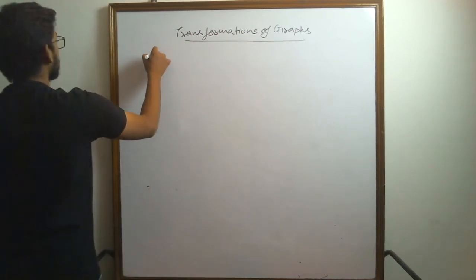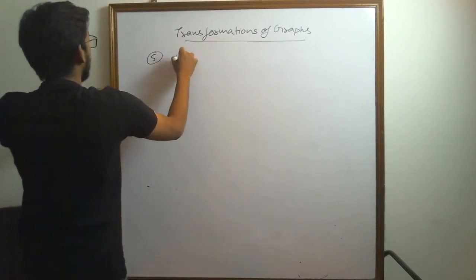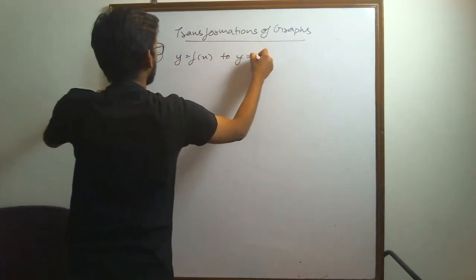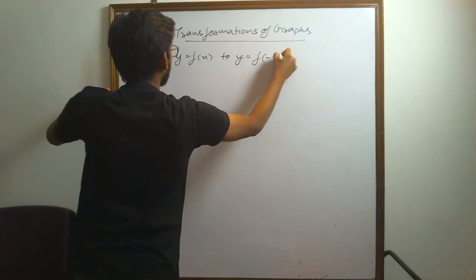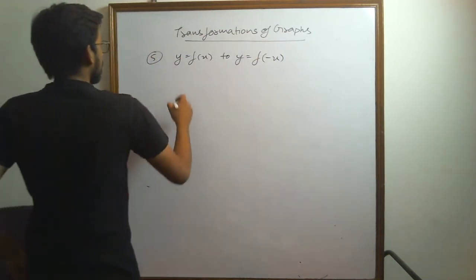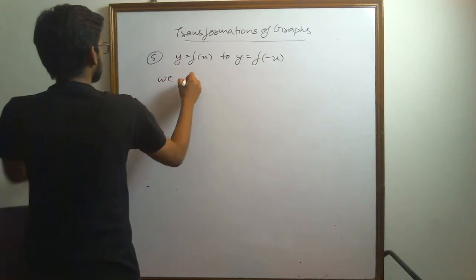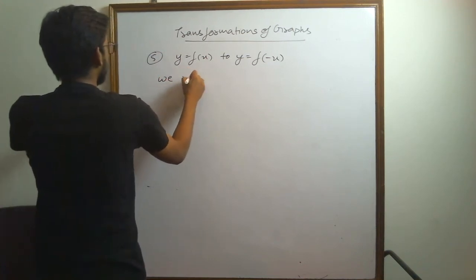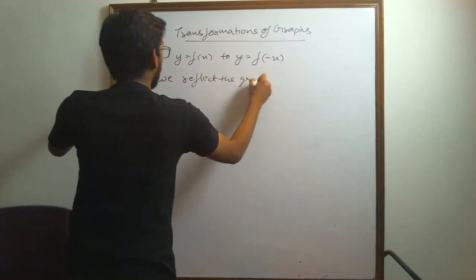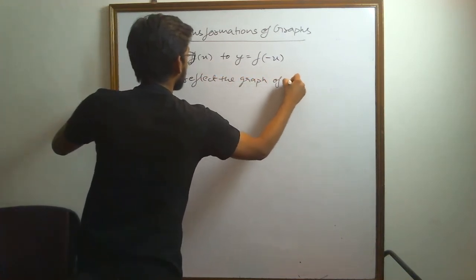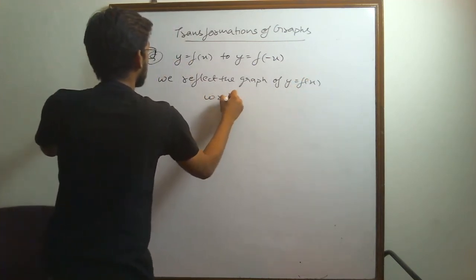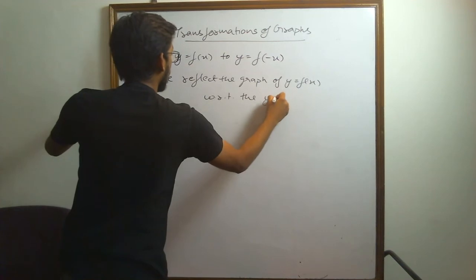The fifth transformation is y is equal to f of x to y is equal to f of minus x. In this case, we reflect the graph of f of x with respect to the y-axis.